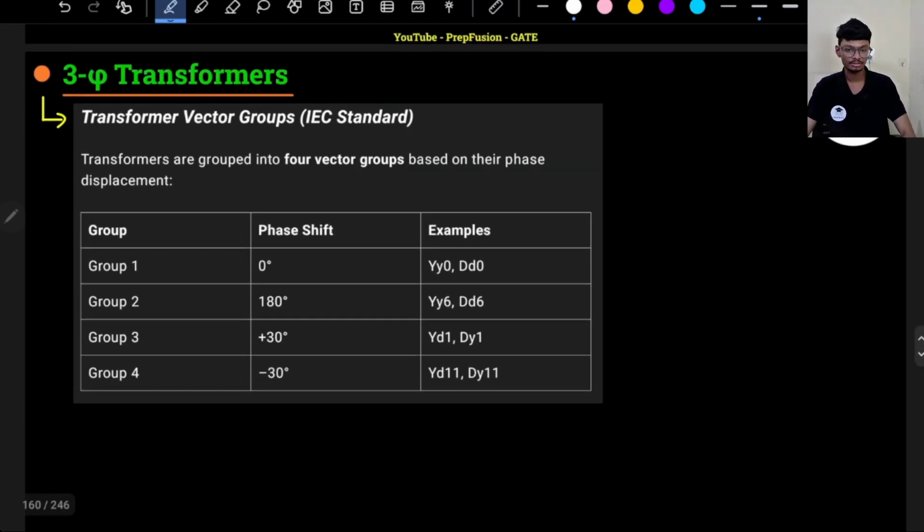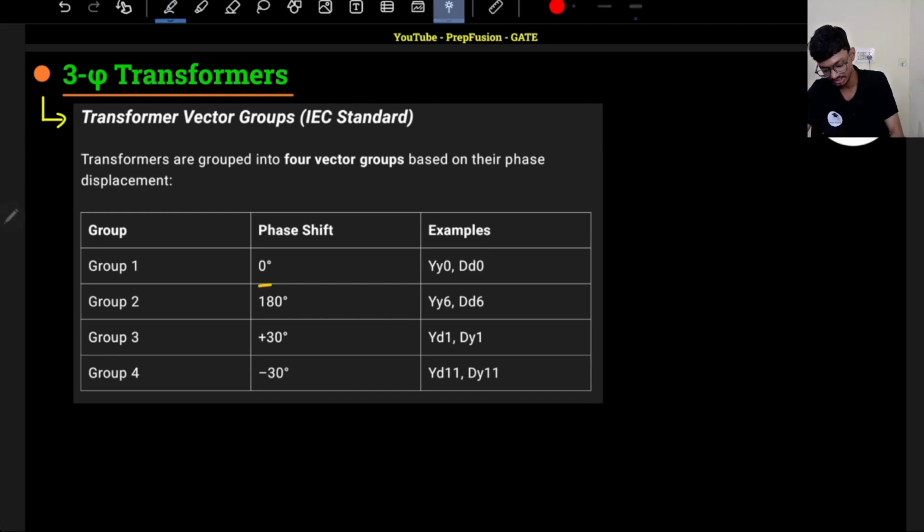Now there is one term known as group table, transformer vector groups. Transformer vector groups are actually important. Basically it groups the transformers with respect to their phase difference. So Yy0, Dd0 will be here, Yy6, Dd6 will be 180 degree phase shift. That is known as group 2. You don't have to remember this, just group the transformers with the same phase shift, that's it. Why? Because it will be helpful in parallel operation.